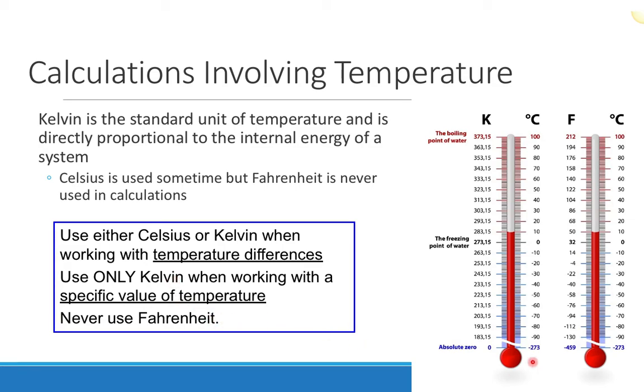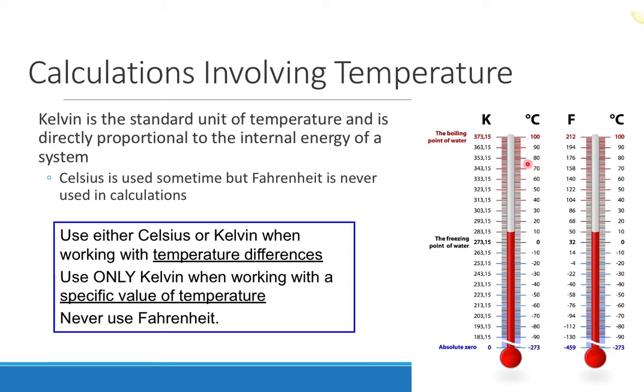I wanted to point out these temperature scales again. It's kind of hard to see on here, but if I have a Kelvin scale and a Celsius scale, the divisions are actually the same size.